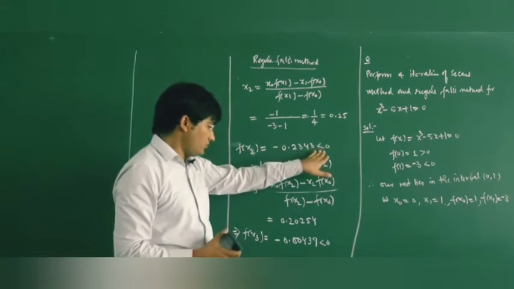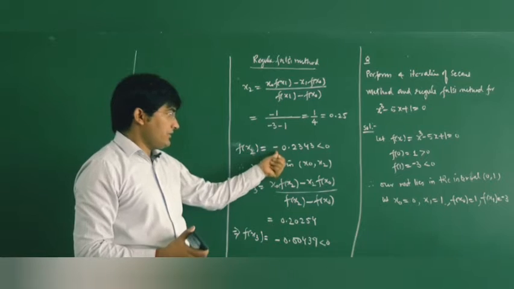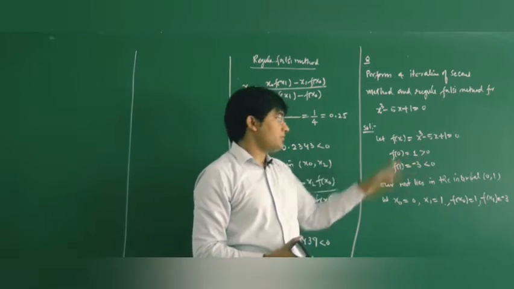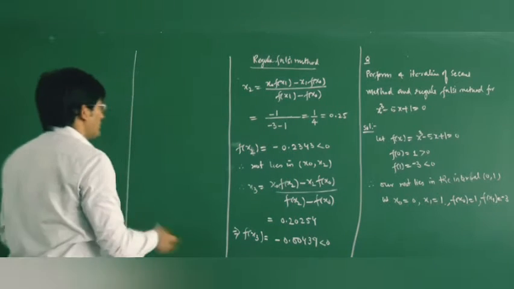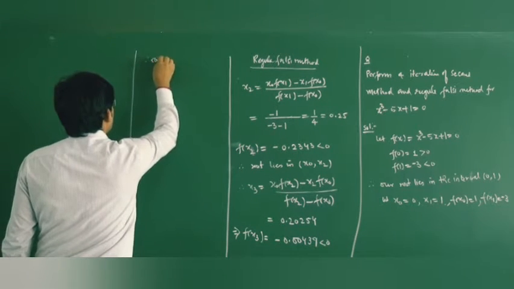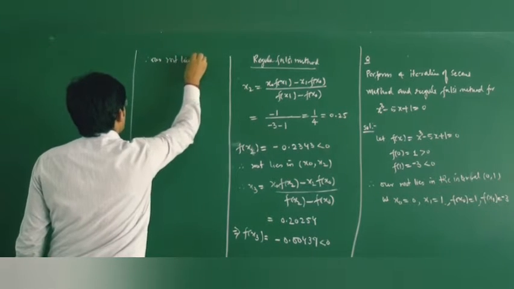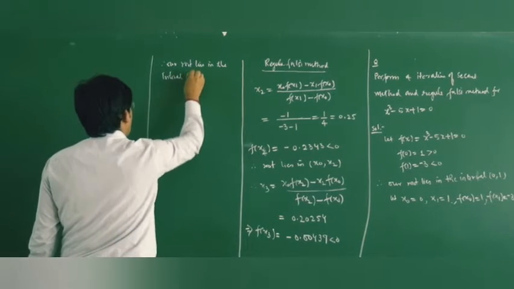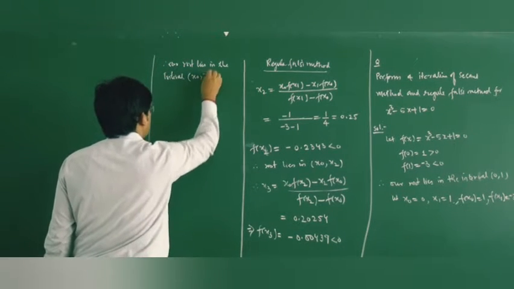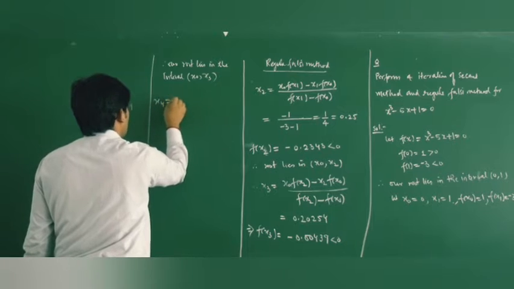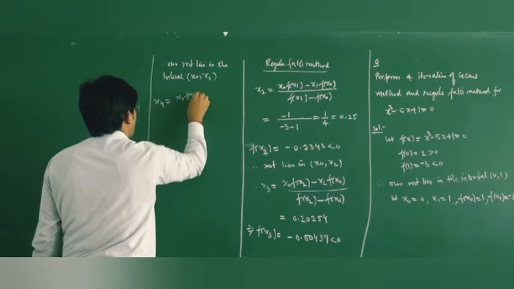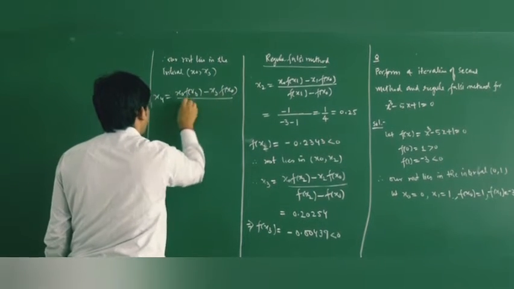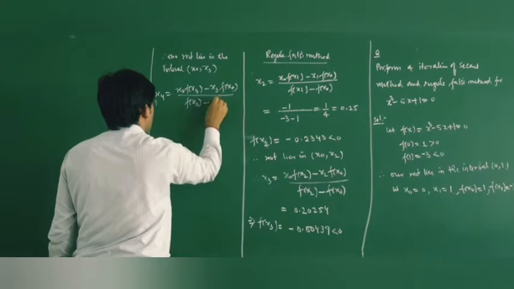At x2 we have the value of the function as negative, and at x1 negative, but at x0 we have the value of the function as positive. Therefore, our root lies in the interval x0 comma x3. So your x4 will be equal to x0 f of x3 minus x3 f of x0 divided by f of x3 minus f of x0.